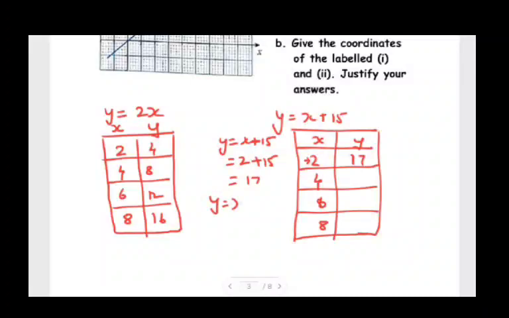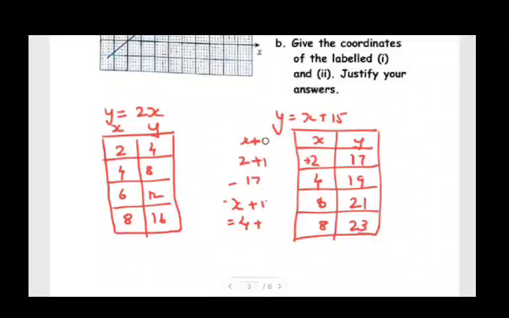Y is equal to x plus 15, which is equal to 4 plus 15, which is equal to 19. And looking at the difference, I'll write 21 and 23 right here.